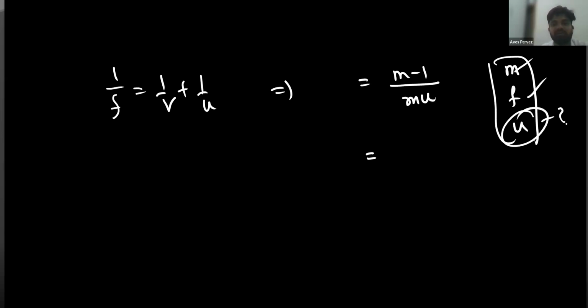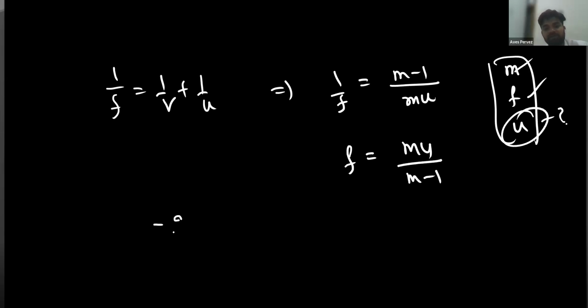Yes, 1/f. So you can use this one, that is mu upon m minus 1, because the reciprocal of this will equal this.